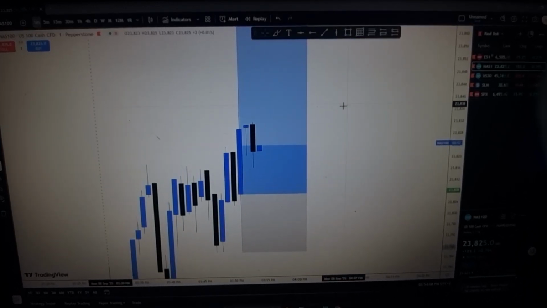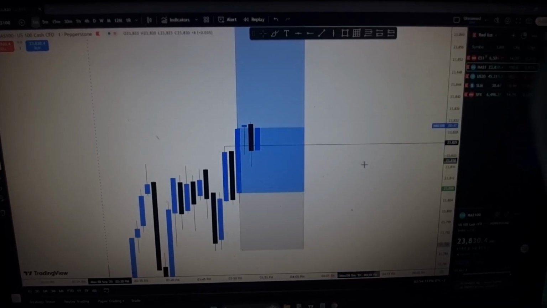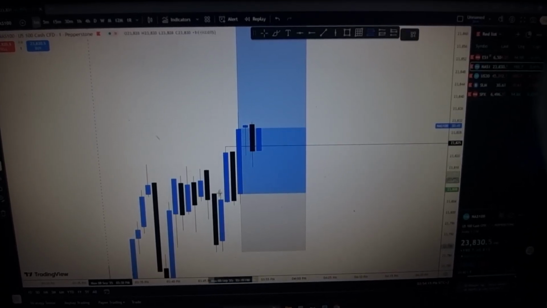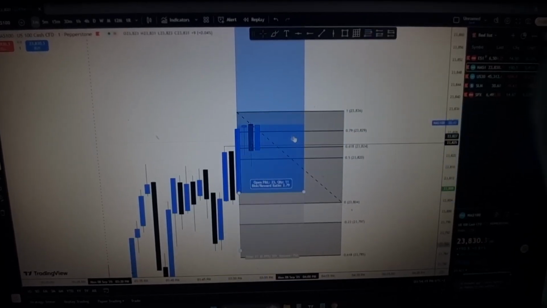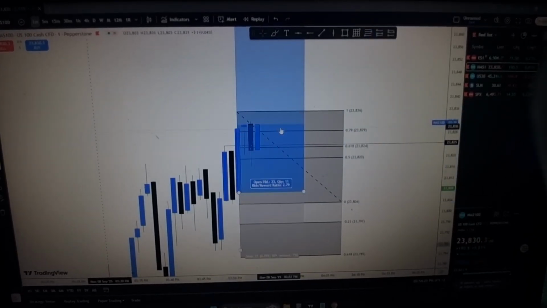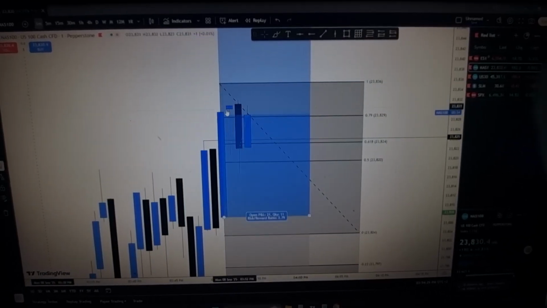So let's see, we did have a 1 minute break as well, following with a 79 extension close with this, well, let's see, with this candle, because that's a hammer doji.